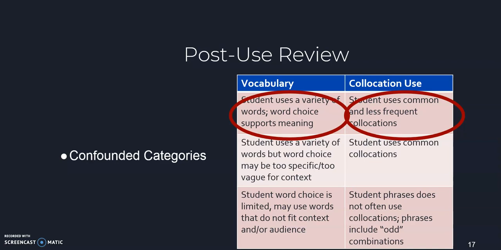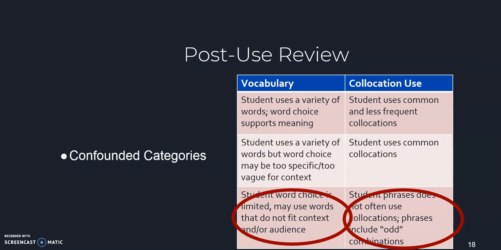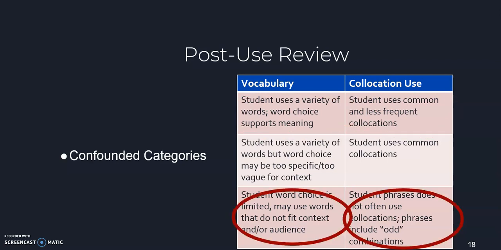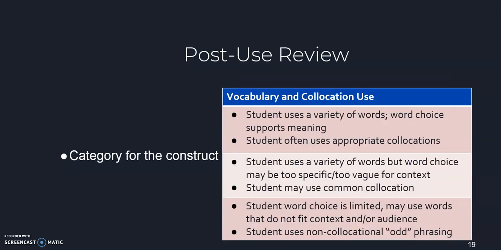It might be that those categories are confounded. So for instance, in the same vein, every time somebody scored the lowest in vocabulary, they also scored the lowest in collocation. If that's the case, every single paper, top got top in both of them, low got low in both of them, they might be confounded categories. So what do we do with that?